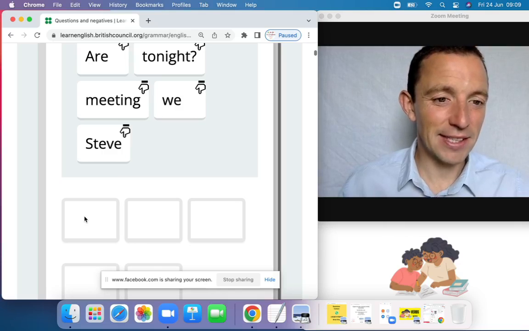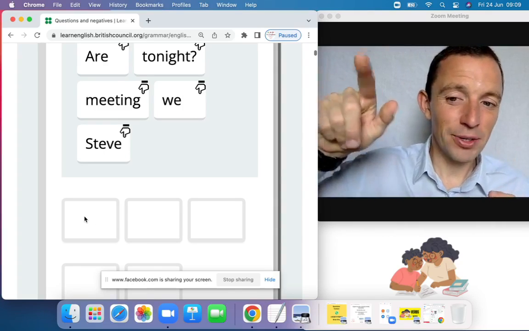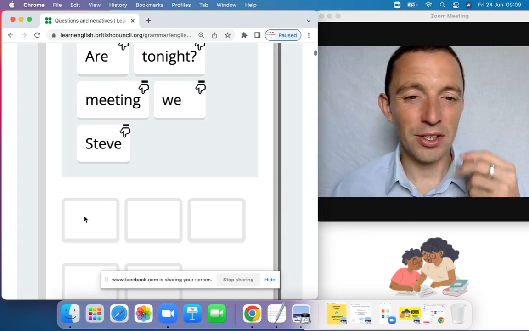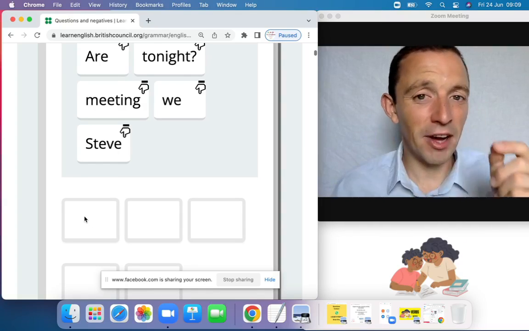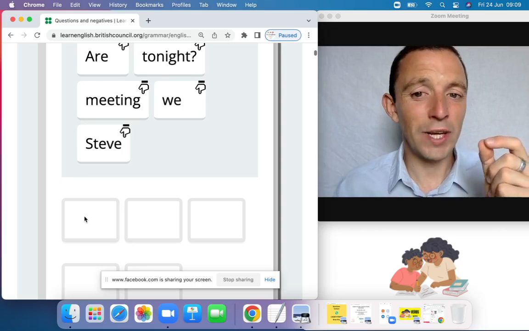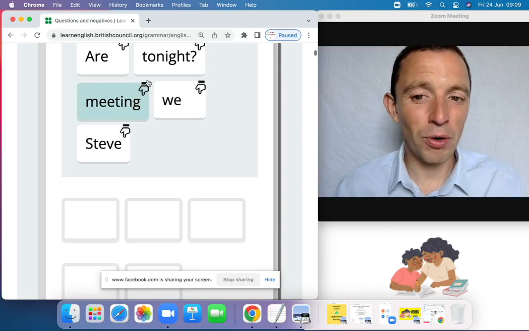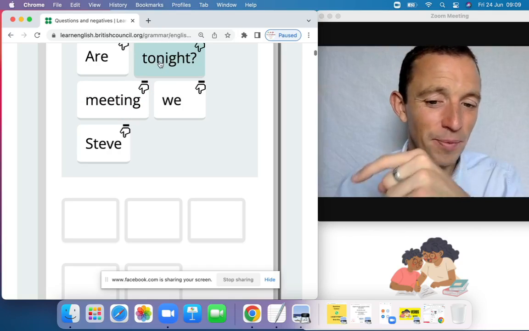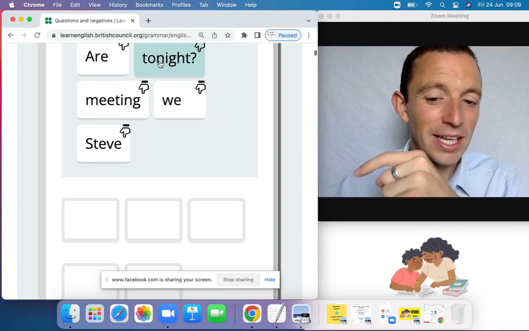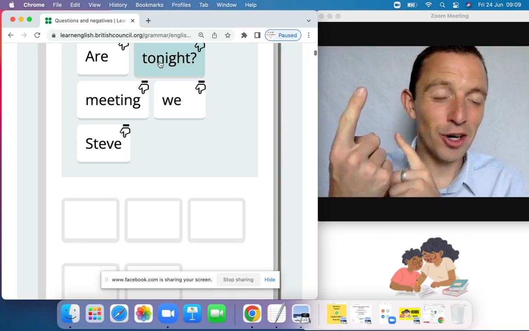At the start of the sentence we have a capital letter. We have two possibilities, are or Steve. So there's two possible options at the beginning of the sentence, and the final word usually is a full stop or punctuation, and the only punctuation is tonight. Therefore, the last word, more than probable, is tonight, and the first word is are or Steve.